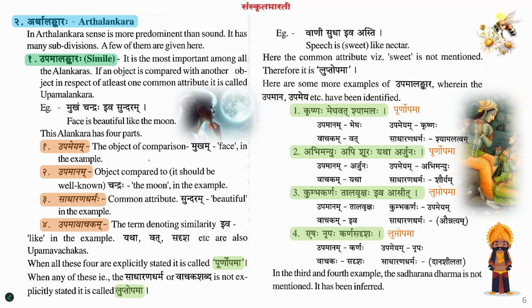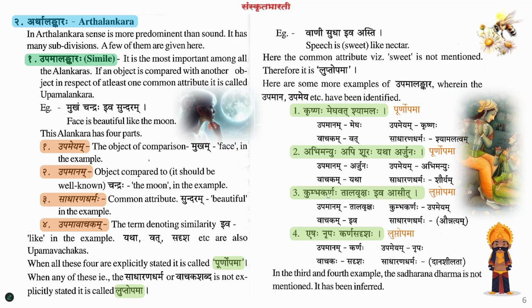Kumbhakarnaha Talavrikshaha iva Asit. Talavriksha, very tall, right? Maybe a heavy date tree. Okay, so Kumbhakarnaha, in fact he would be always drunk with the Tala Rasa also maybe. Anyway, Kumbhakarnaha Talavrikshaha iva Asit. Luptopama is said. Okay, here. Now let's see what is missing.